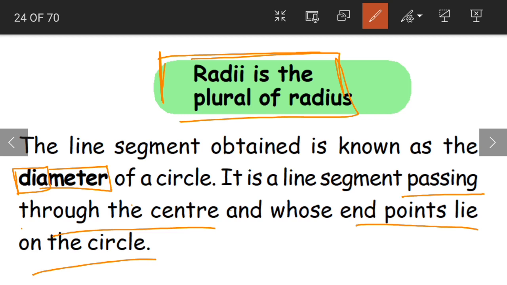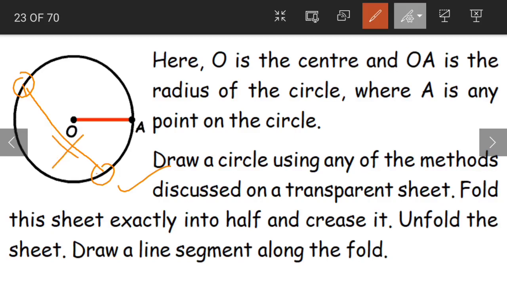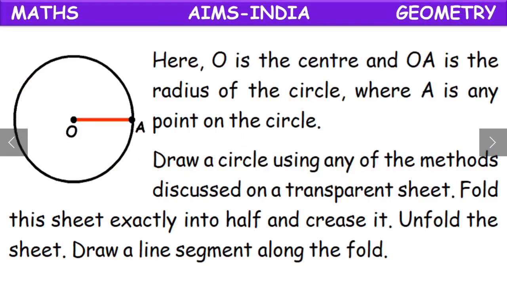First, it should pass through the center, and second, both the endpoints should lie on the circle. For example, if I draw this line segment, both the endpoints are on the circle, but is it passing through the center of the circle? No. So this will not be a diameter. I hope this is clear, children.